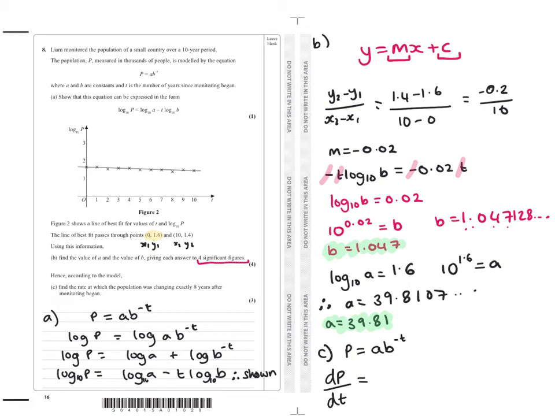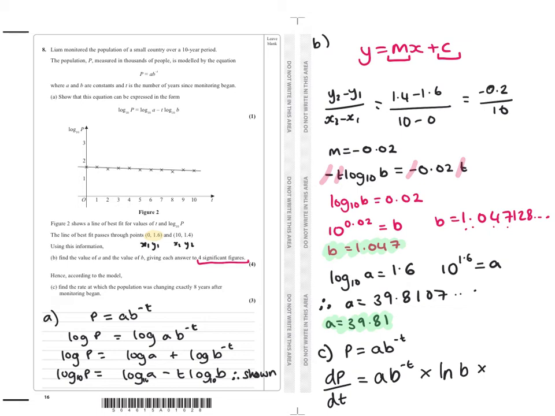So when we differentiate this, because we've got something to the power of negative t, in our case, you know, if you go back to negative x. So what we do is we're going to have a b to the power of minus t multiplied by ln of the base, which is b, and then multiplied by the differential of the function. In our case, our function is negative t.